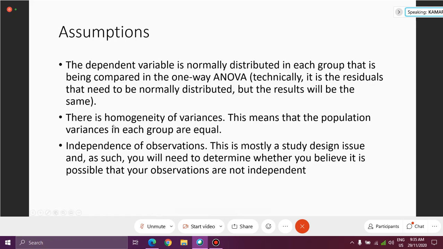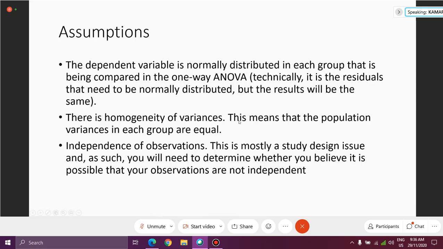Secondly, the variance. If you remember, the variance is the square of the standard deviation. So the variance must be homogeneous.